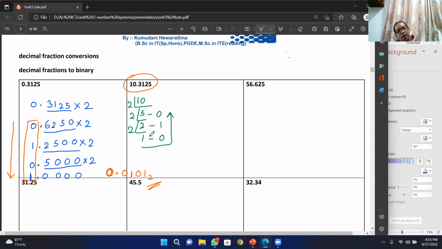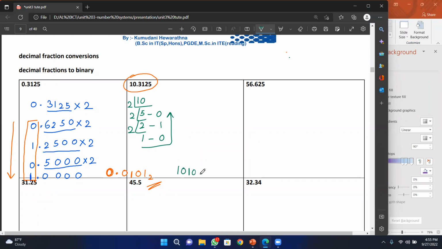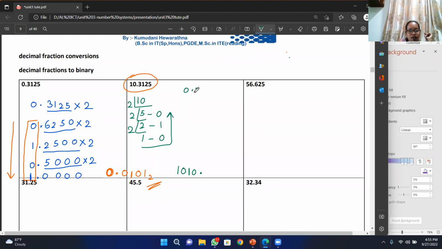Did you take the whole number as 1010? Yes, teacher. Okay. Then the fraction part, 0.3125. That part we have done in the previous case, or you can copy that answer, but it's better if you can do it again.